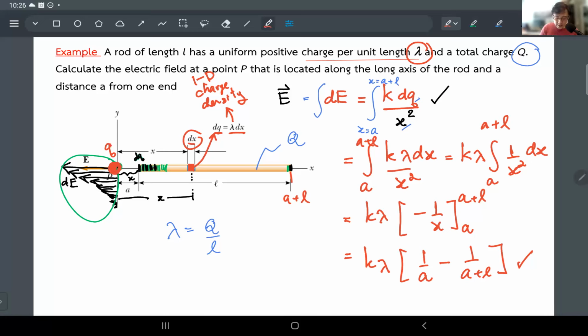Now it's going to be easy. The force on that charge is going to be q times E. Done. See? That's why I said in general, finding the electric field first seems to be the way to go. Later, if you want to figure out the force, you can go back and multiply the charge that's sitting at the position of the electric field that you already had, then you get the force right away. That's done.